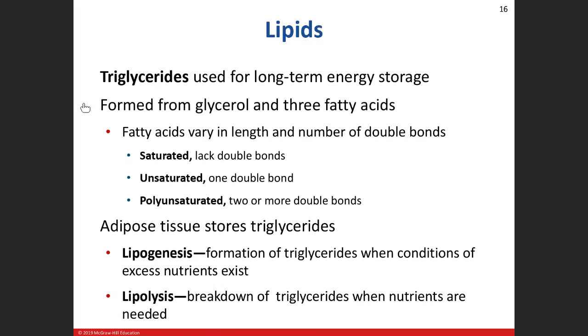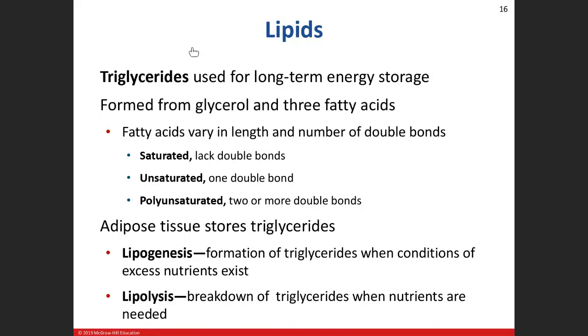So a review of what we talked about in 210: in a situation of the fed state versus the starvation state, or what we call the fasting state, your body depends on what type of metabolism you're engaging in, whether aerobic or anaerobic, and what's available.